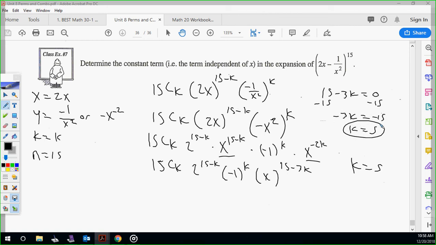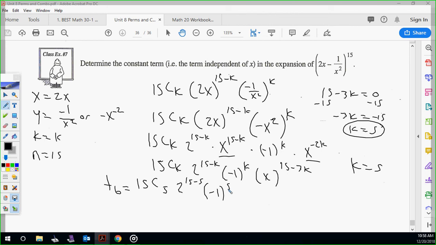If the x's go away, we just have constants left. That's the point. Yep. Now we know what k is now, right? So that means we're doing t of 6 equals 15 choose 5, 2 to the 15 minus 5, -1 to the 5, and then this goes away, so we don't have to worry about that.